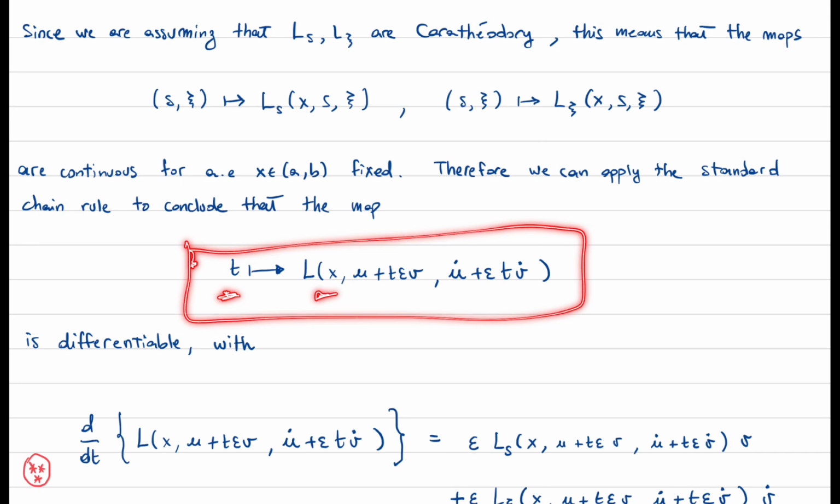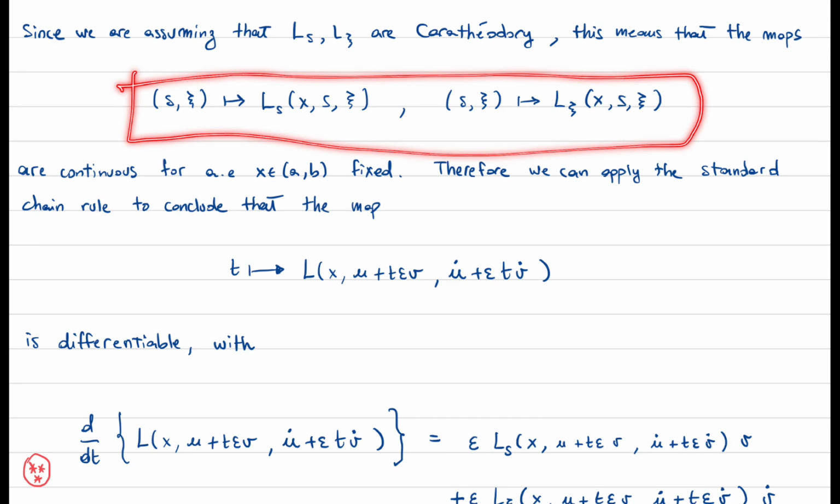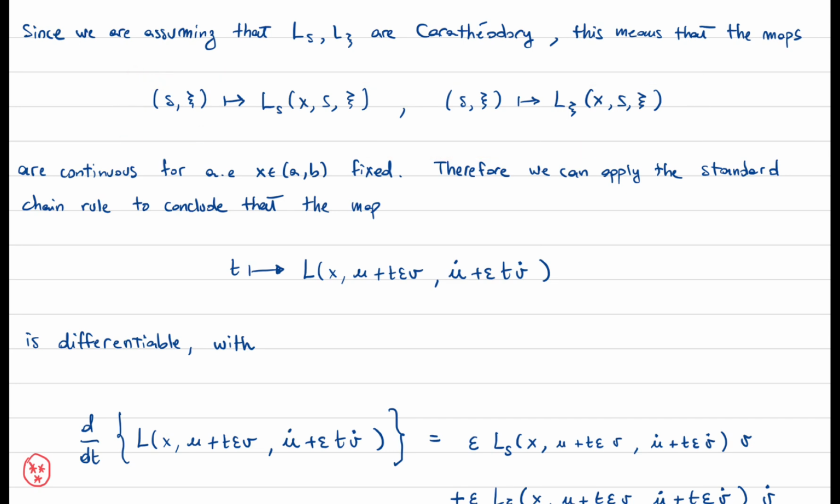So x here is fixed, and so you just need to differentiate L with respect to these two arguments here, and you know that L is differentiable with respect to these two arguments by assumption. Okay. And the derivative you can immediately compute.